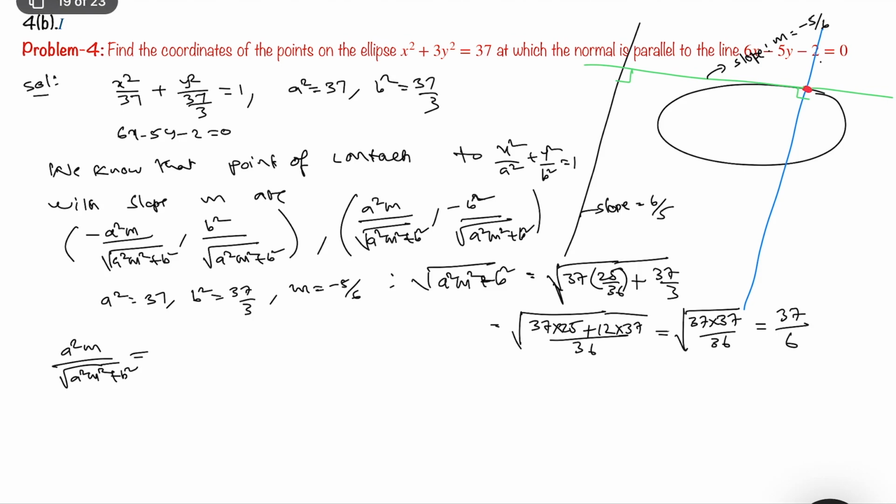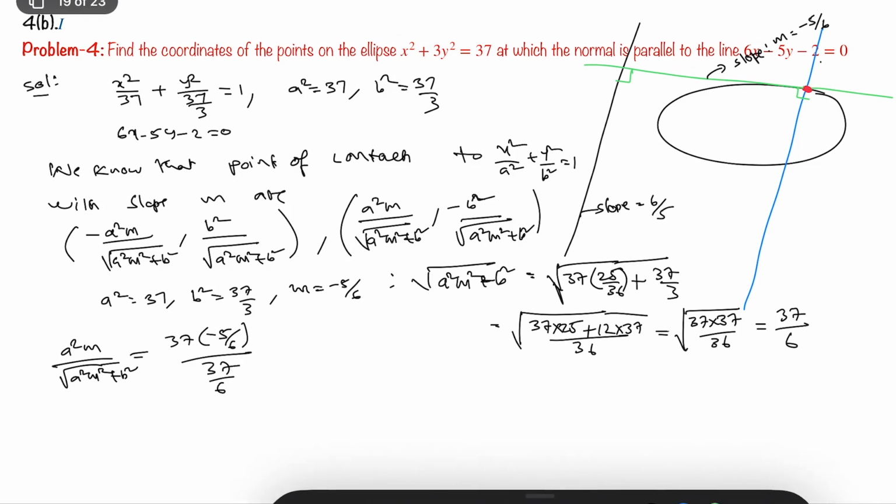Okay. Fine. Now a square m by under root a square m square plus b square value will be: a square is 37, times m, minus 5 by 6, by under root a square m square plus b square value, which we got as 37 by 6. So here 37 cancels, 6 cancels.